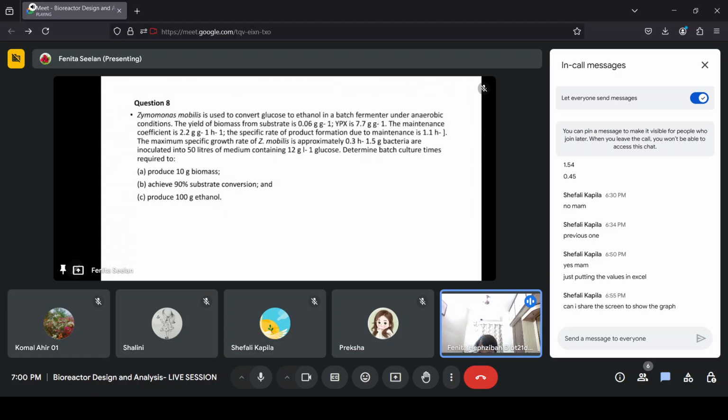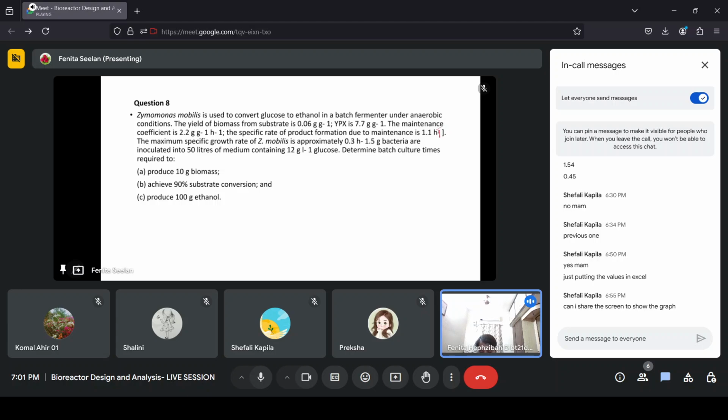Zymomonas mobilis is used to convert glucose to ethanol in a batch fermenter under anaerobic conditions. The yield of biomass from substrate is 0.06 gram per gram. YPX, the yield of product with respect to biomass, is 7.7 gram per gram. The maintenance coefficient is 2.2 gram per gram per hour. The specific rate of product formation due to maintenance is 1.1 per hour.